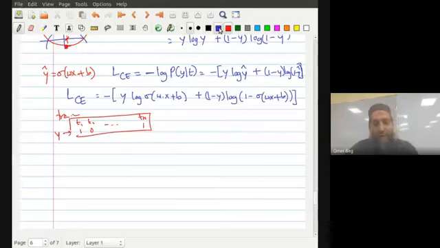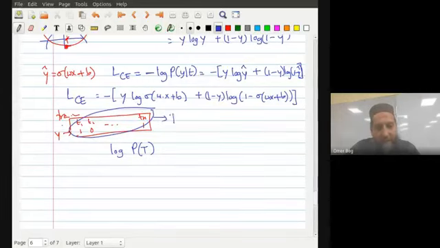Now I want the log of the probability over the entire training set. Let's call this entire training set T. That would be the log of the product of these probabilities for each y of i.